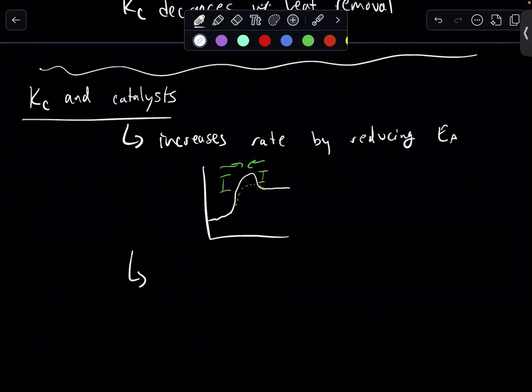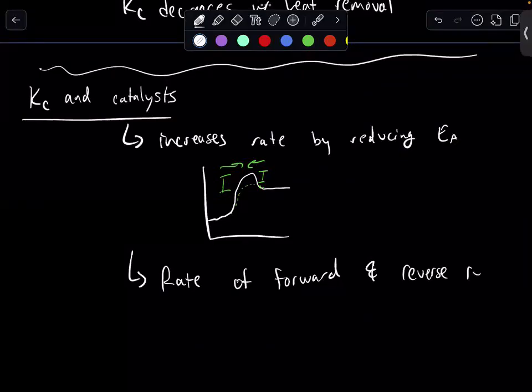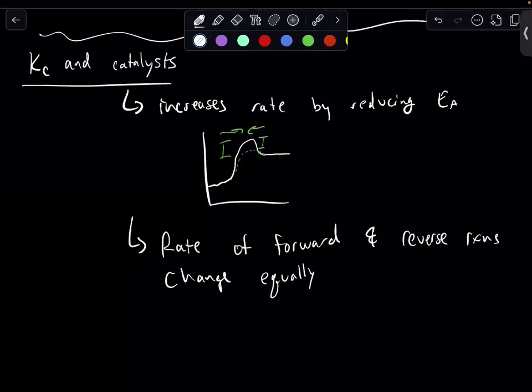Therefore, the rates of forward and reverse reactions change equally. If that change is equal, then it therefore has no effect on equilibrium. So catalysts have no effect on equilibrium.